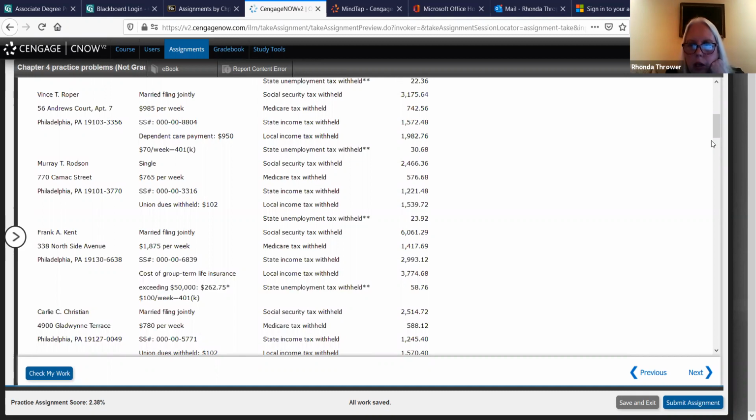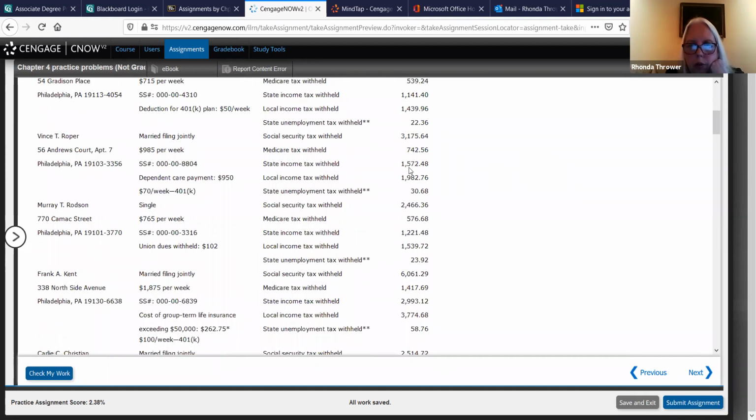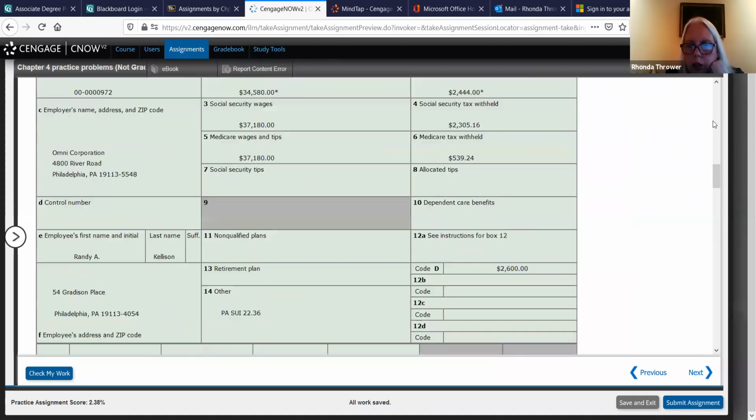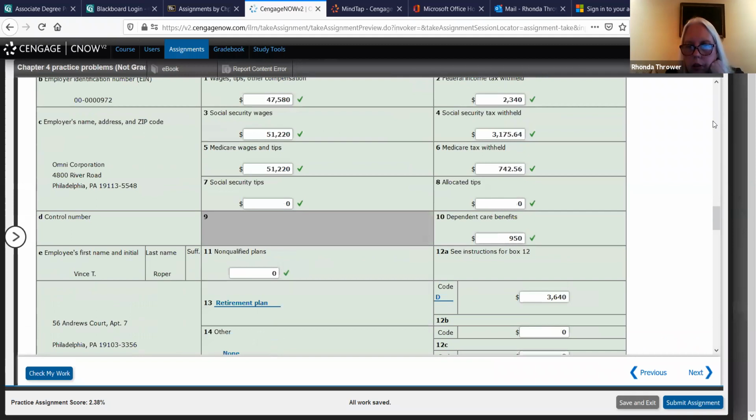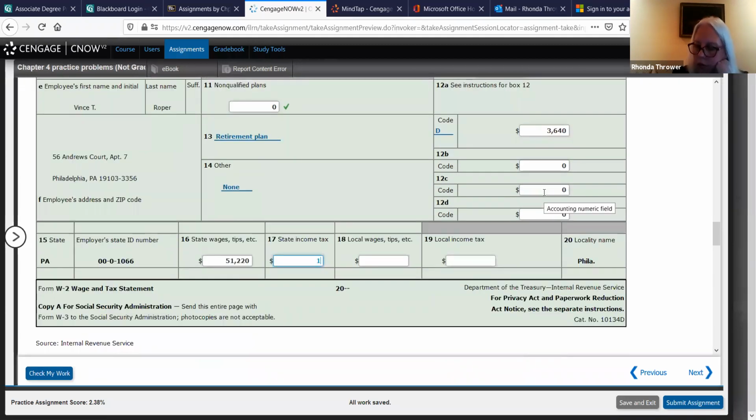The state income tax that was withheld was given. Make sure you get on the right person. It's $1,572.48. Your local wages would be the same as your state wages.